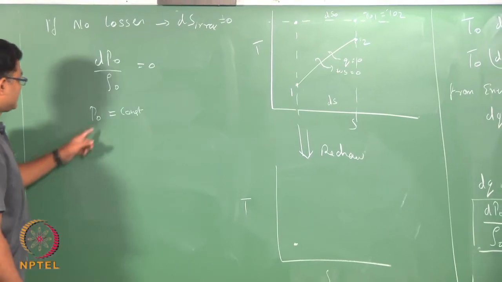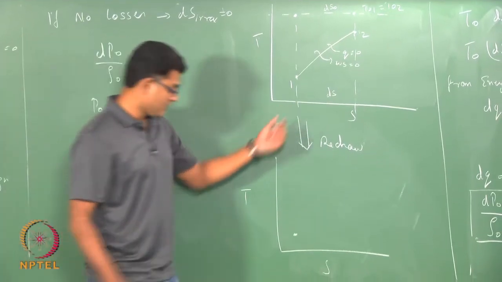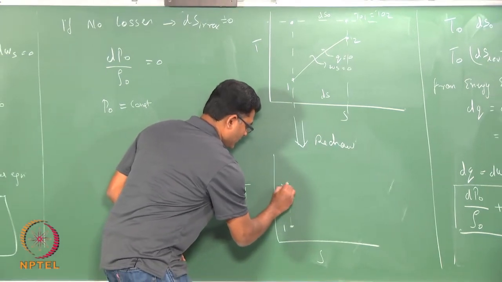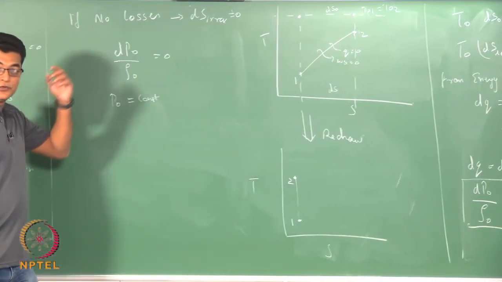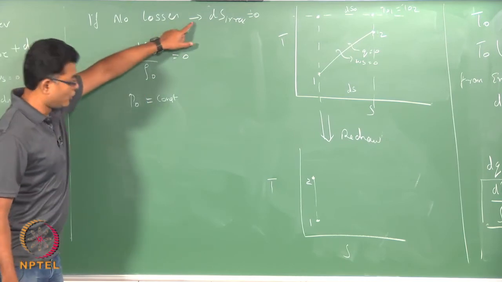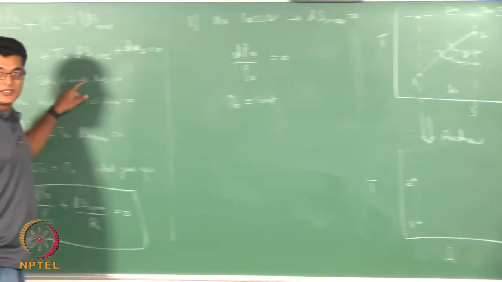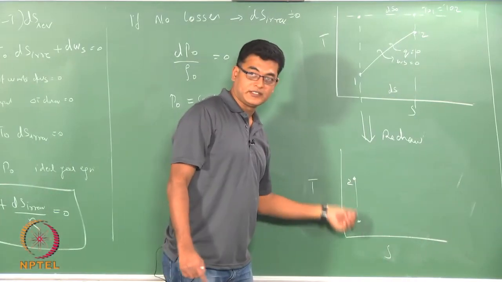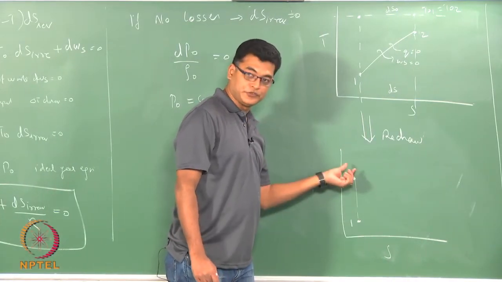State 1, it just means there is no entropy change. So, I have state 1, I isentropically take it to state 2, so that there is no loss, no shaft work, no heat input.